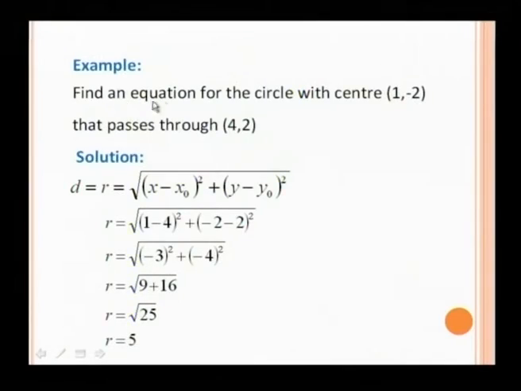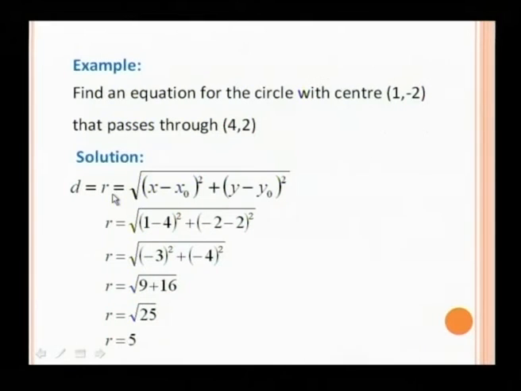Find the equation of the circle with center 1, -2, which passes through 4 and 2. As I've told you, the radius is unknown in this example, so first we would find the radius.